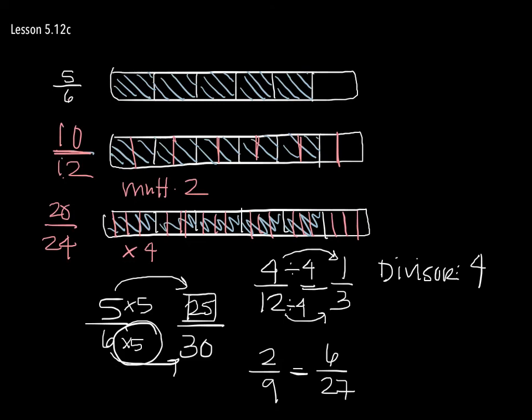So, question, how much did we multiply by? What did we do to 2 to get to 6? What did we do to 9 to get to 27? Well, 2 times 3 is 6, 9 times 3 is 27, so our multiplier in this case is 3.